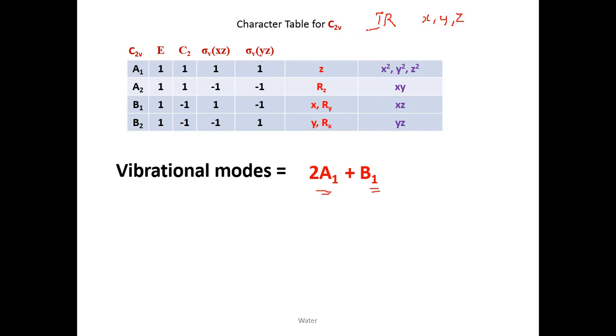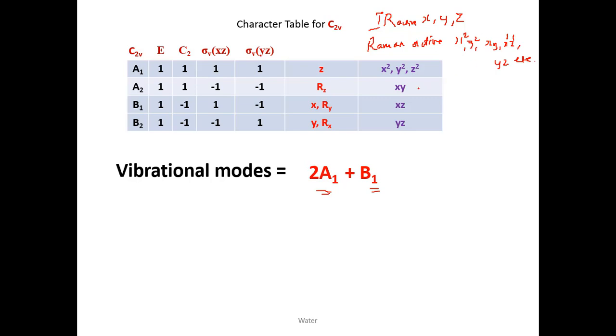Then it represents an IR active mode, and if it is Raman active, the quadratic terms like x square, y square, xy, xz, yz, etc. They have the sum of powers equal to 2.